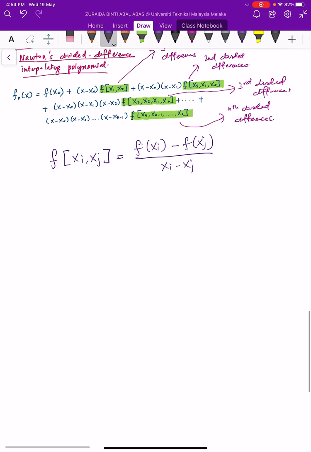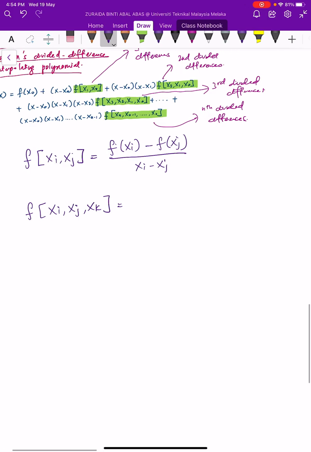If you want to find the second divided difference, which is xi, xj and xk, here you need to find the difference between the first divided differences. So this is f of the combination xi, xj, minus f of, this time, xj, xk.